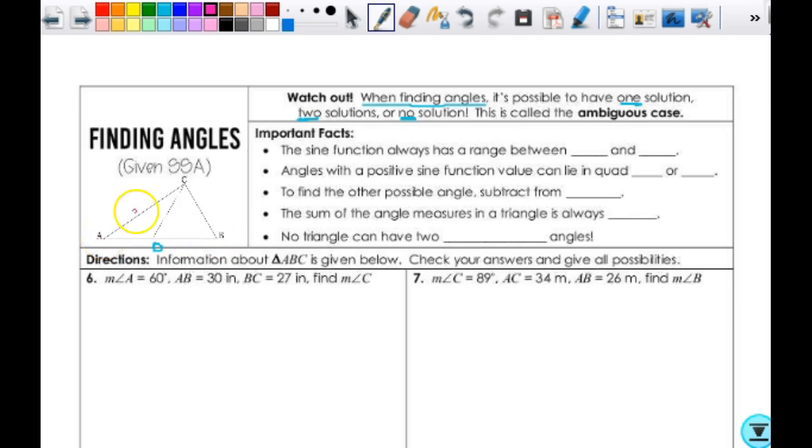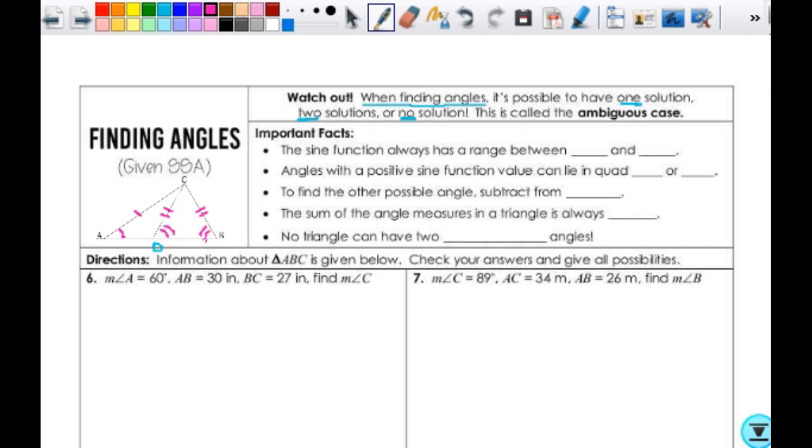They both share side AC, so it's congruent to itself. And then they both have this CD and CB. These sides are congruent to each other. So this is an isosceles triangle right here. And then this angle right here belongs to both of those triangles also. So they share that angle. And then because this is an isosceles triangle, these 2 little angles here are congruent.